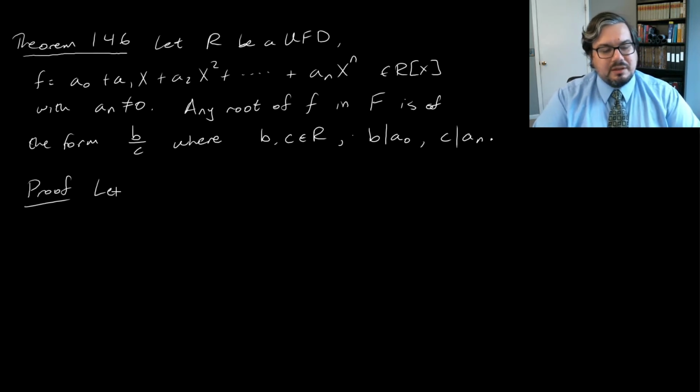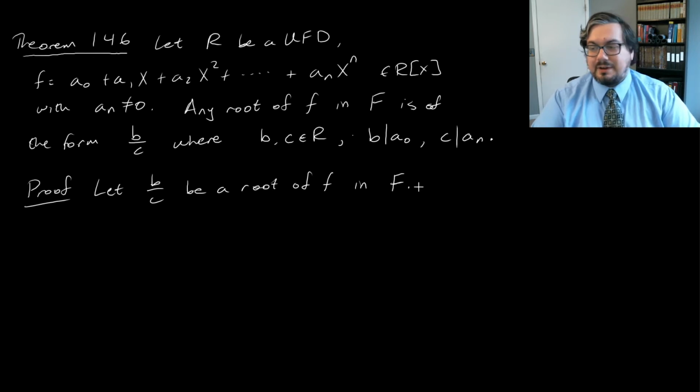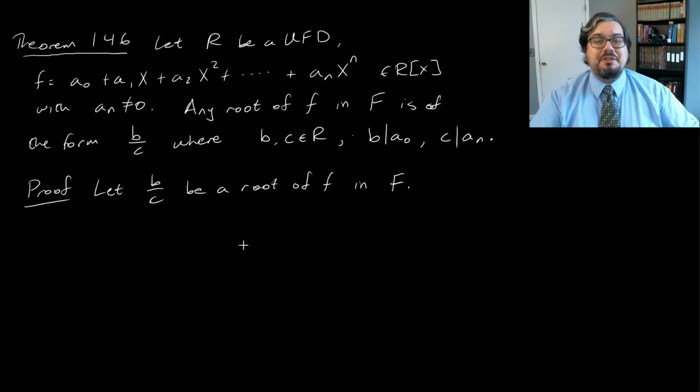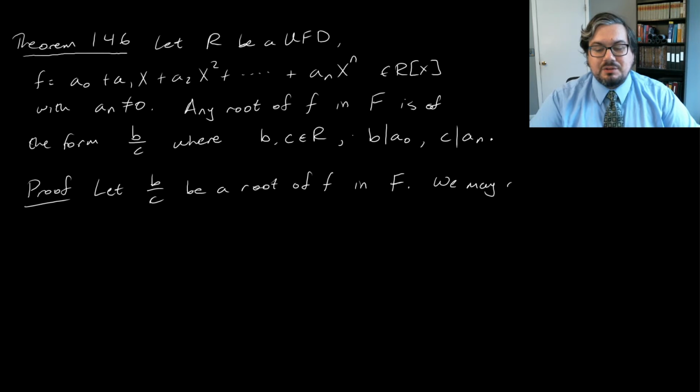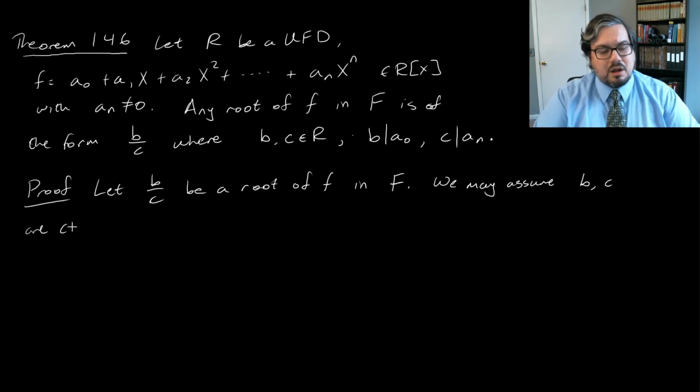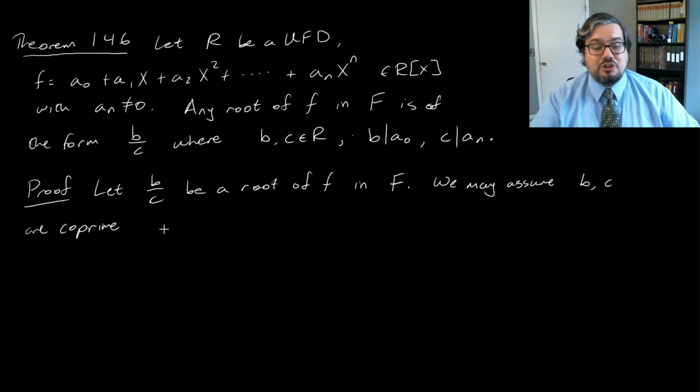Let's see the proof. Let b over c be a root of little f in the field of fractions F. Now, since b over c lies in the field of fractions F, they have all of the standard properties of fractions, including things like cancellation. So we may assume that b and c are coprime, meaning that their only common divisors are units.